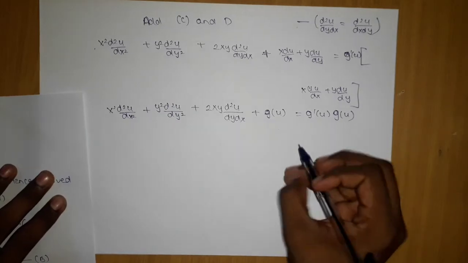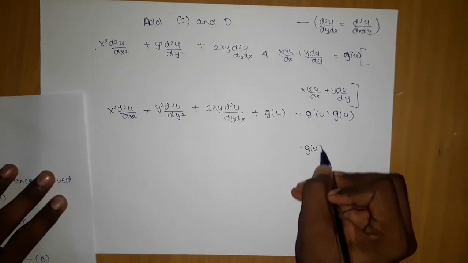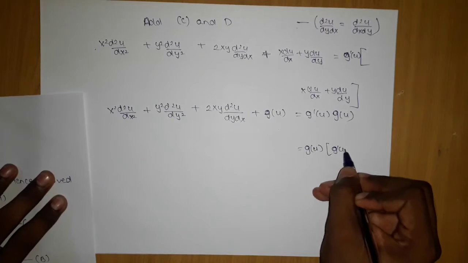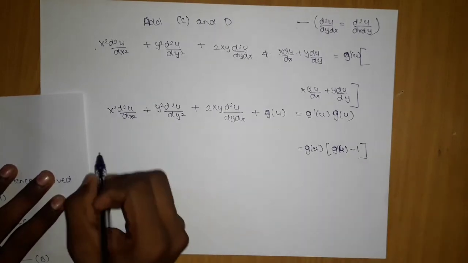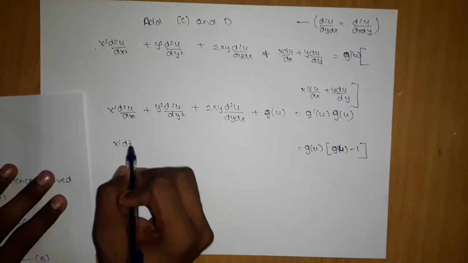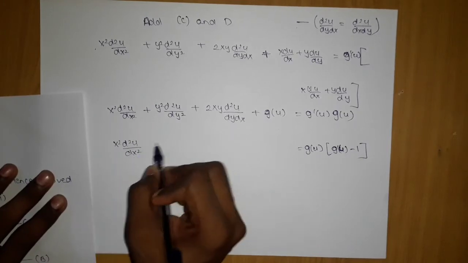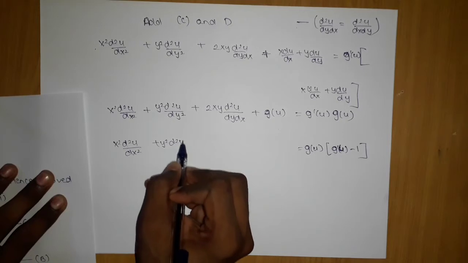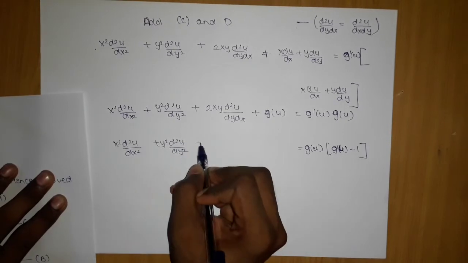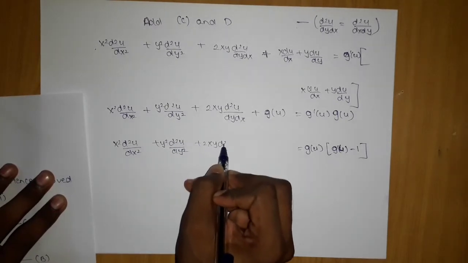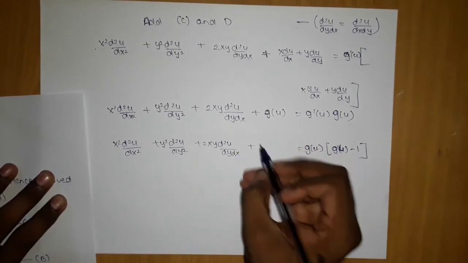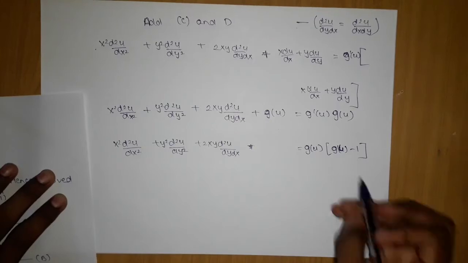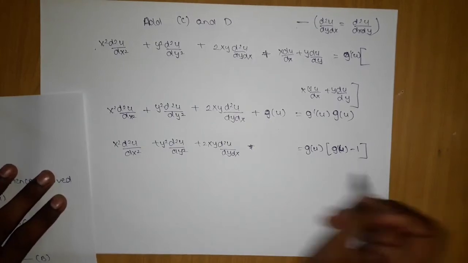So what I am left with is simple: g(u) into g'(u) minus g'(u) minus 1, right. And here we have x² ∂²u/∂x² plus y² ∂²u/∂y² plus 2xy ∂²u/∂y∂x, and the rest will be nothing. So we have proved whatever we wanted, hence proved.